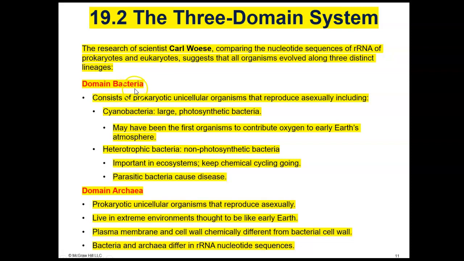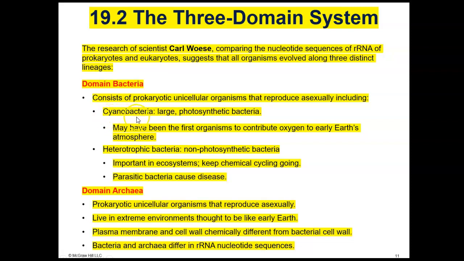They are the domain Bacteria and the domain Archaea. The domain Bacteria consists of prokaryotic, unicellular organisms, meaning all of the organisms in the domain Bacteria are made of a single cell, and they reproduce asexually.